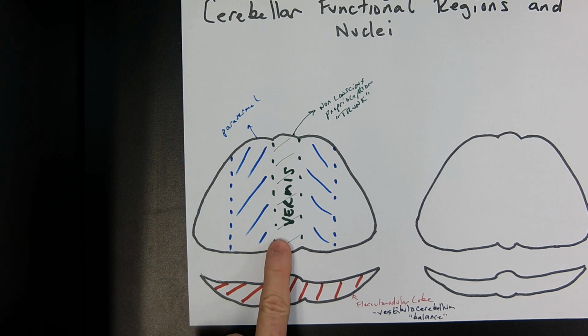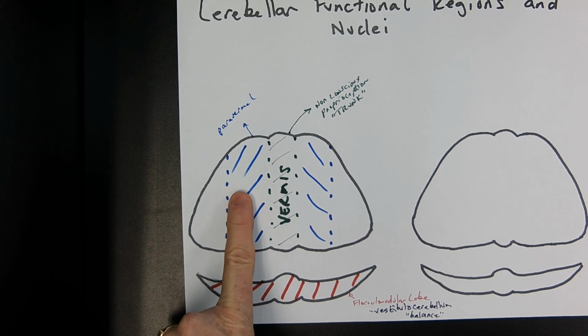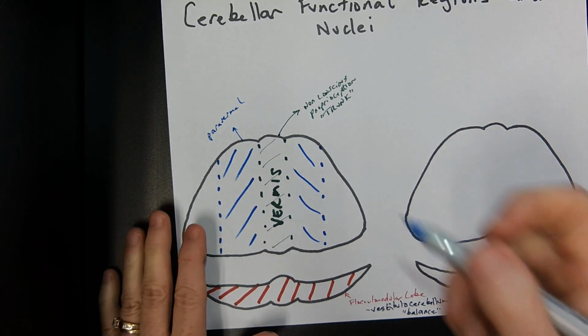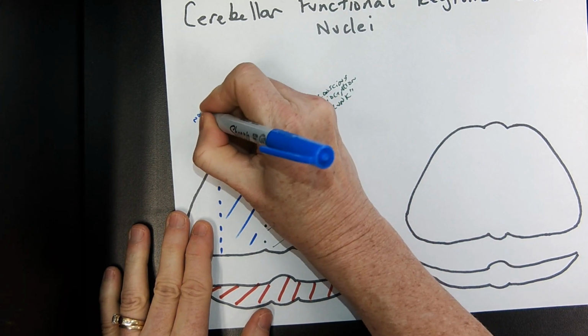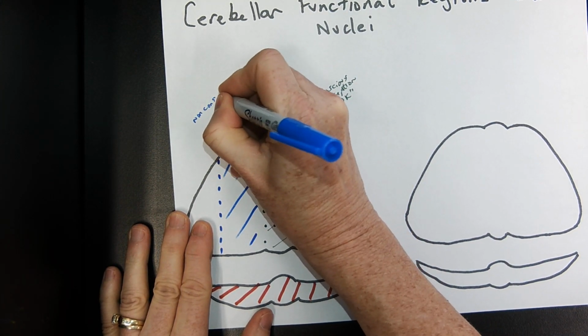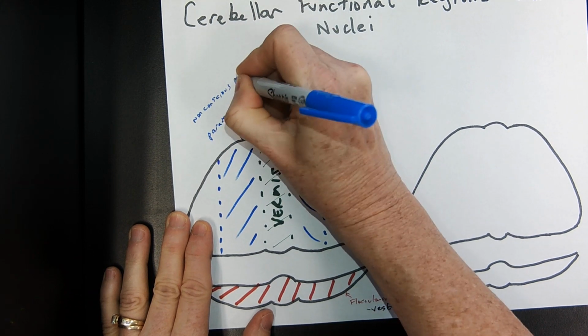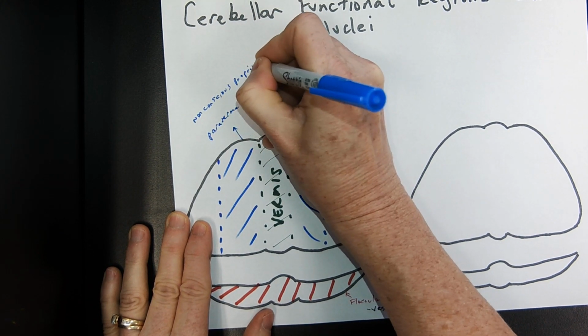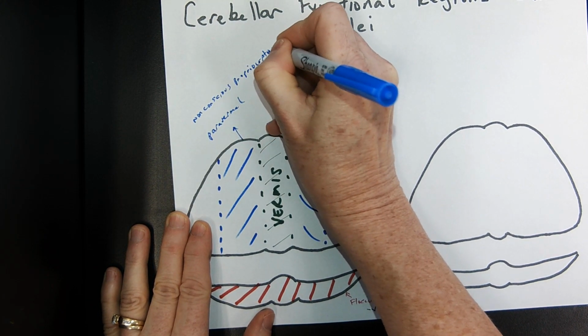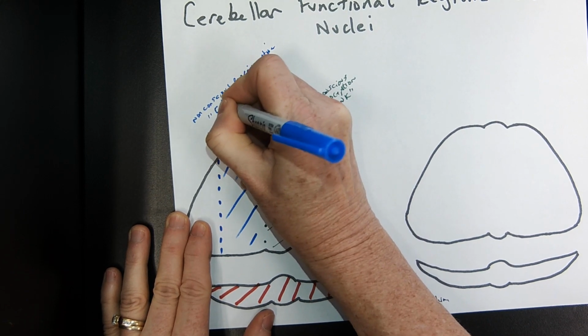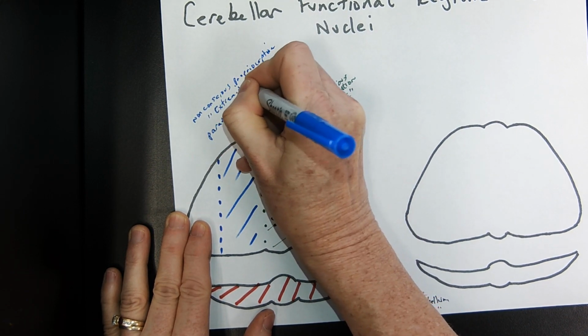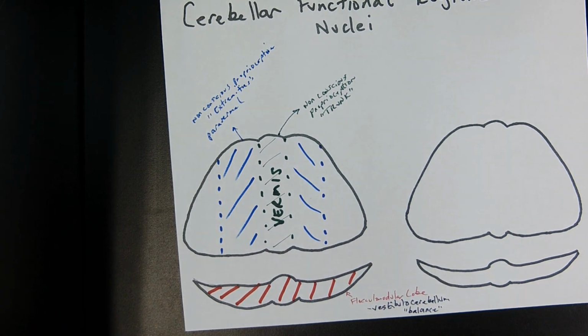But the vermis does trunk, so what do you think the paravermal is associated with? Extremities. There you go. Non-conscious proprioception of extremities, both upper and lower. Anything that isn't axial musculature is considered paravermal.